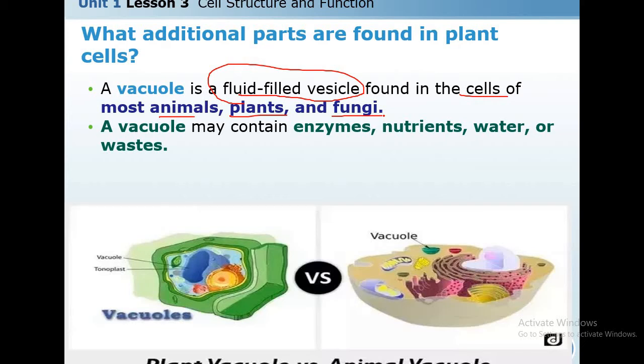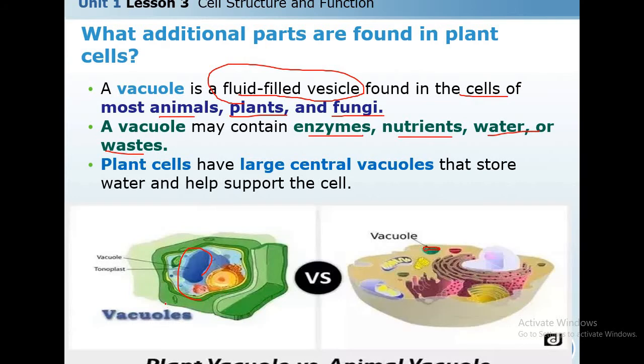Inside these vacuoles, there is a fluid that may contain enzymes, nutrients, water, or wastes.